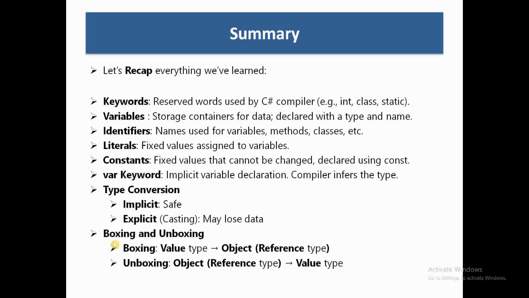Boxing means converting a value type to reference type. Value type means integer, reference type means object, where we are putting some integer value into an object value. And unboxing means where we convert the reference value to the value type, so that is unboxing.